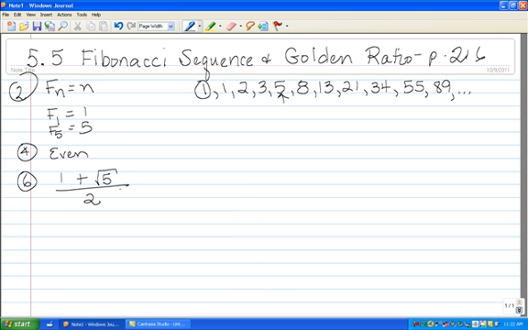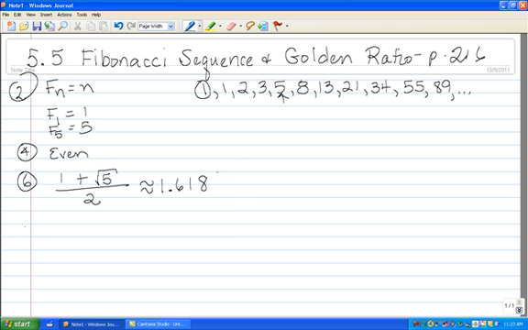So if we use our calculators to approximate that value, I want to take 1 plus the square root of 5, hit equals, and then divide that answer by 2. I get 1.6180. They want it to the nearest thousandth, so it would be 1.618. Because it's a 0 to the right, we're just going to drop the remaining digits.